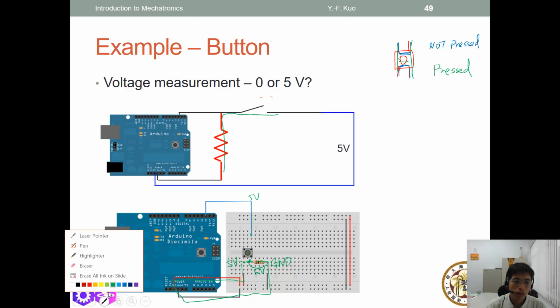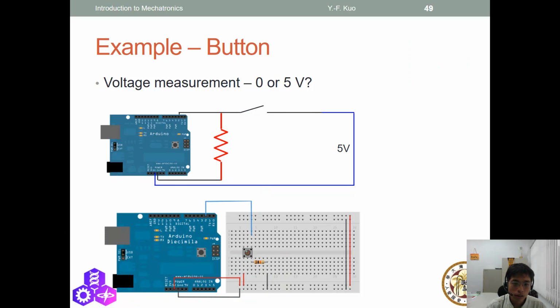But when the button is not pressed, okay, this 5 volt doesn't go across this resistor. Okay, the resistor is connected to this ground, and this ground is connected to this pin 2 over here. Okay, so the reading when the button is not pressed is ground, or say 0 volt.